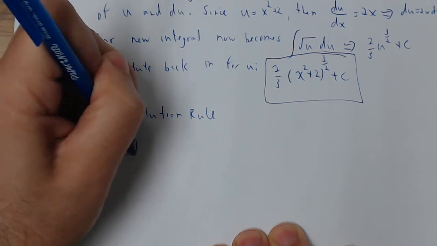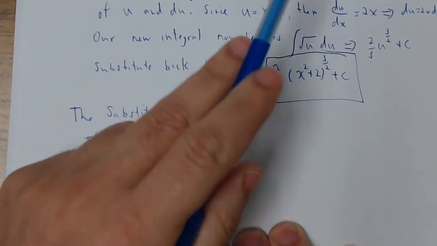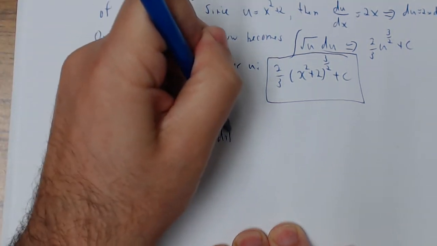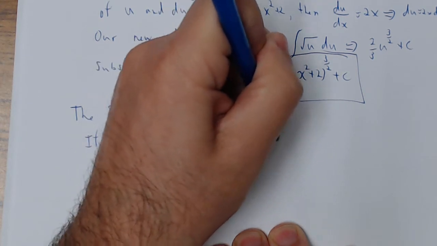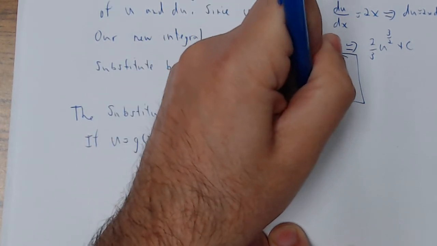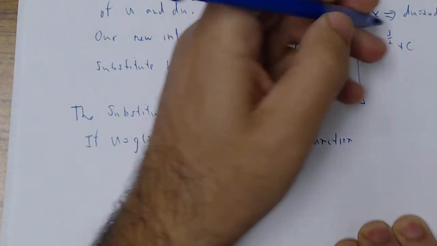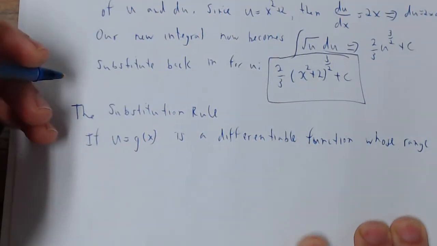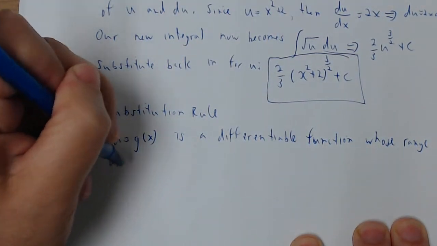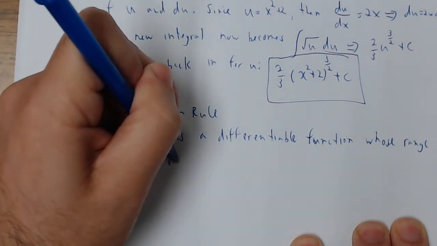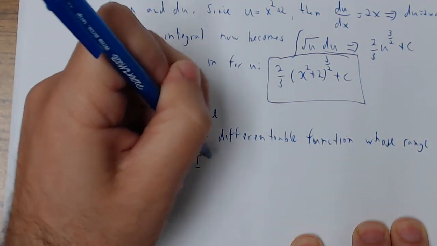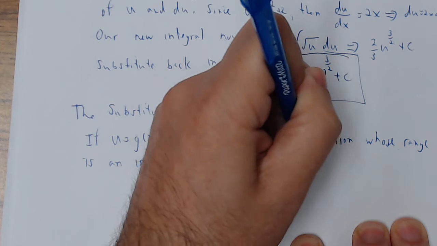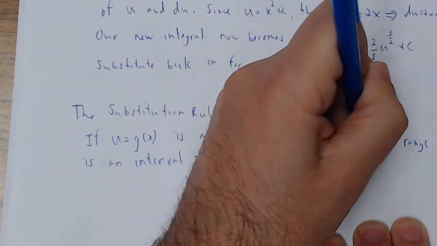If u equals g of x. So let u, kind of like what we did there, right? You assign u to some function. This is a differentiable function whose range is an interval I, and f is continuous on that interval.